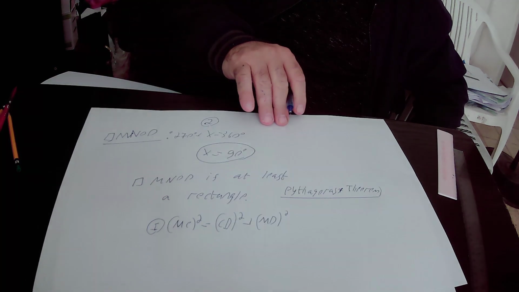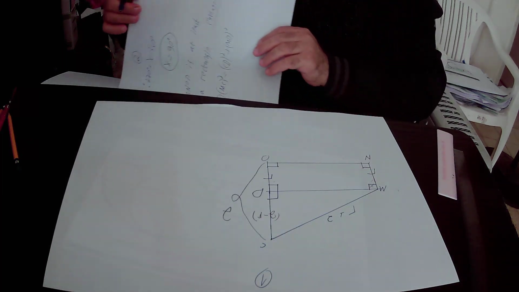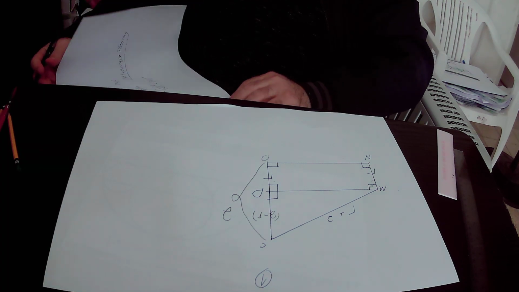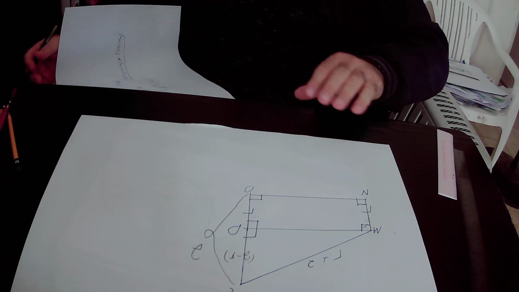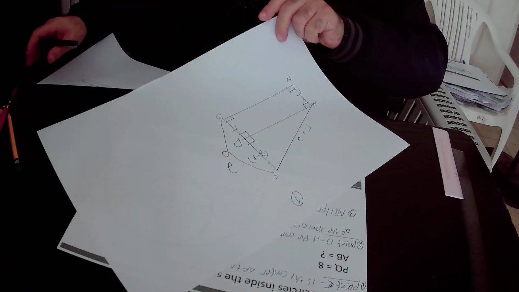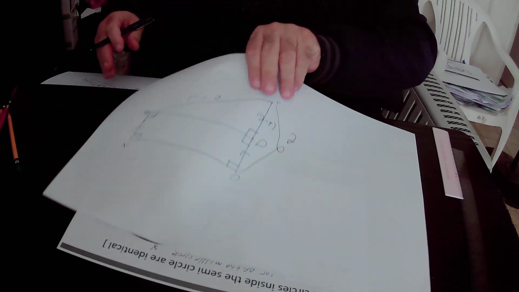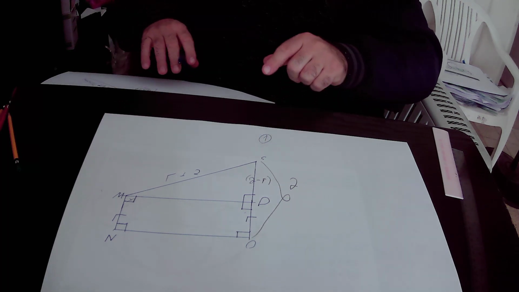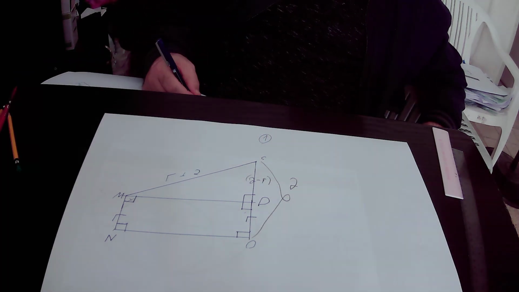Okay, but what is the size of MC? The size of MC is R plus 2. MC equals R plus 2, so MC square will be equal to (R plus 2) square.